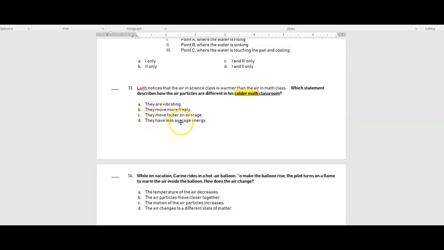Or do they have less average energy? So vibrating, more freely, faster, or less energy. Which is true about the air particles in the colder math classroom?